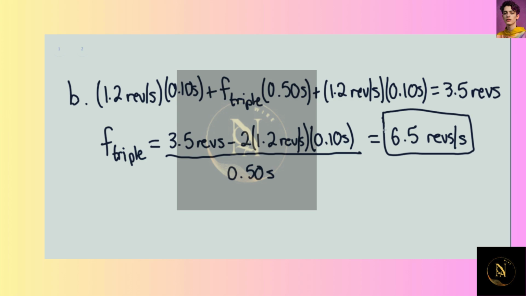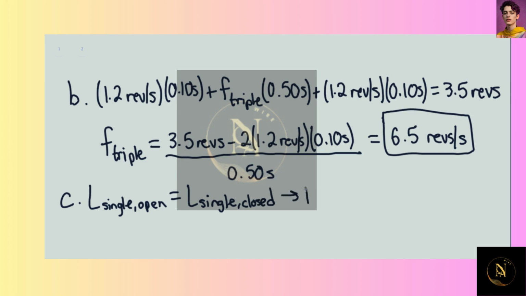And then for part C, we're simply going to apply the conservation of angular momentum to relate the moments of inertia. And so for part C, we have moment of inertia of the single open equals moment of inertia of the single closed.